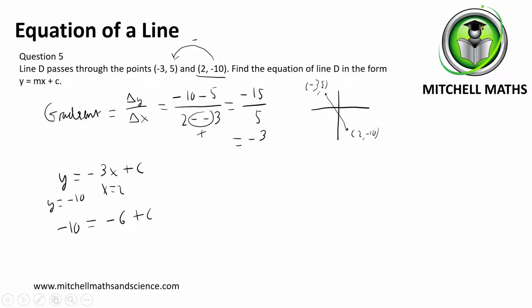I'm going to add 6 to both sides. I'm just rearranging it. Minus 10 add 6 is minus 4 equals c. Now that I've got both my value of x and my value of c, I can put them both into my equation to give me y equals minus 3x minus 4. And that's my equation of the line.